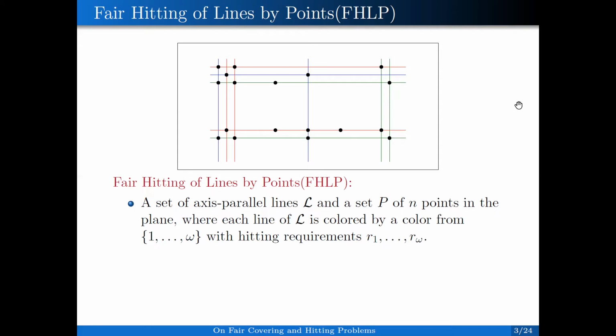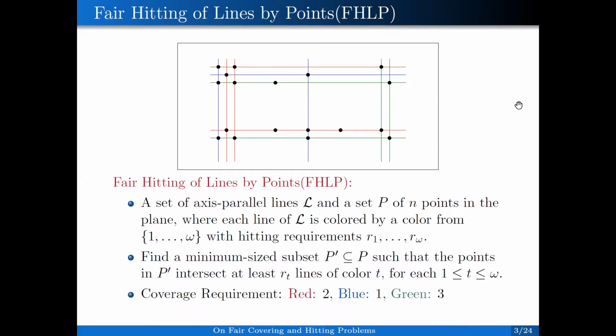And again, each color class has a hitting requirement of Ri, and the goal is to find a minimum sized subset of points such that these points hit at least Ri lines for each color i. In our example, if the coverage requirements are 2 for red, 1 for blue, and 3 for green, then we can pick 3 points and satisfy the coverage requirements.